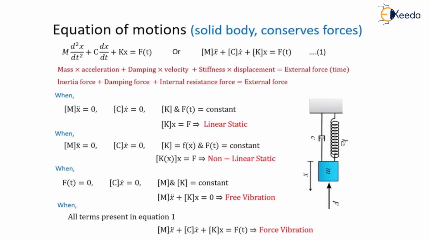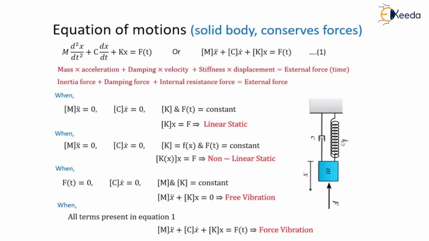When F(t) is 0 and c x dot is 0, m x double dot plus kx is equal to 0. That is the free vibration condition, free analysis without any external load or force applied on the body.